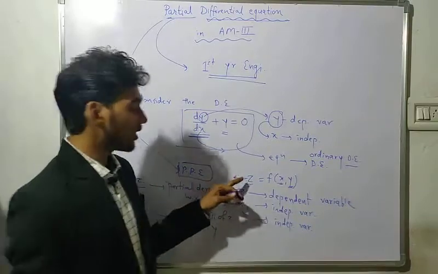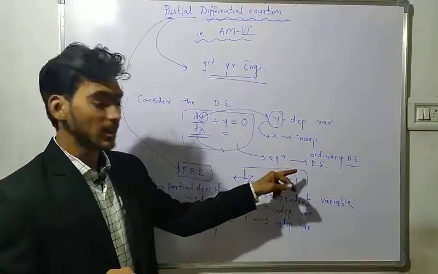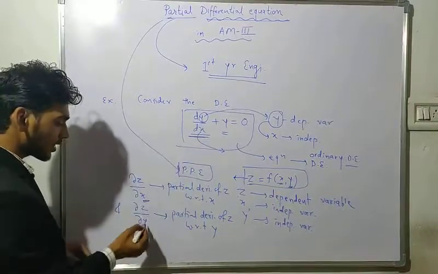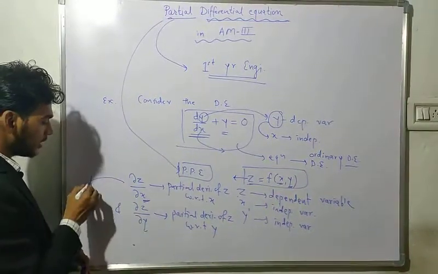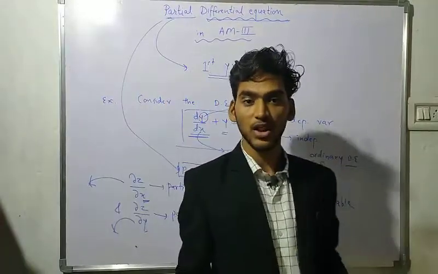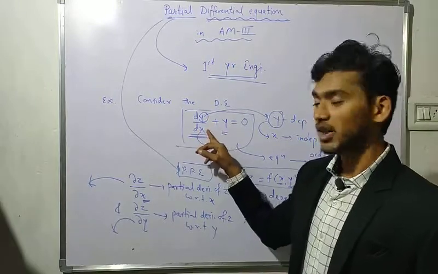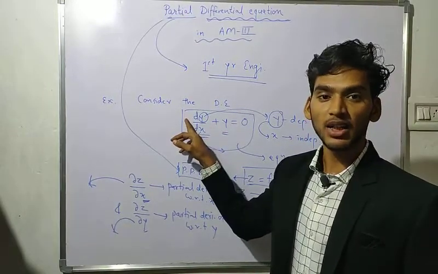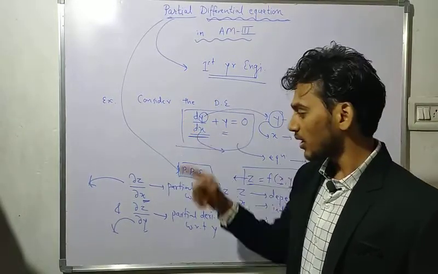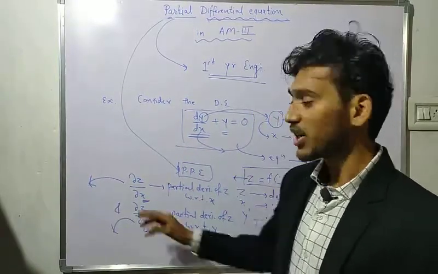In this way we differentiate the function z, which is a function of x and y, with respect to x and y separately, and these are the partial derivatives. We know that a differential equation has a dependent variable, independent variable, and along with it the complete derivative. But now we will construct the partial differential equation with partial derivatives.